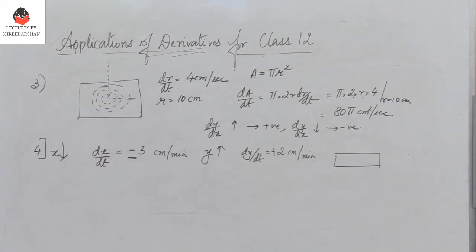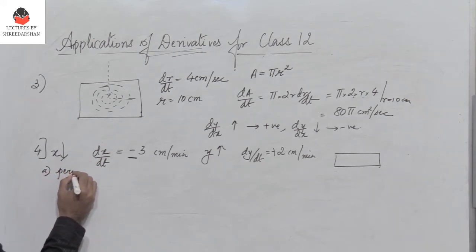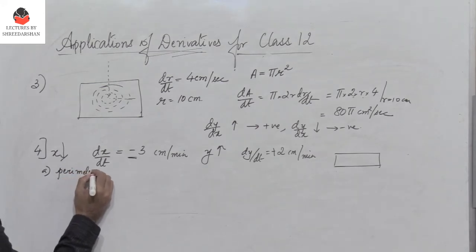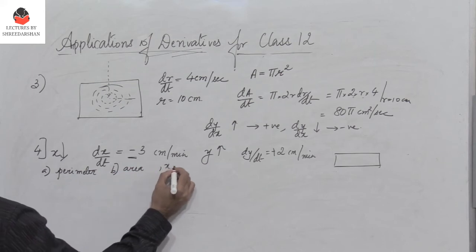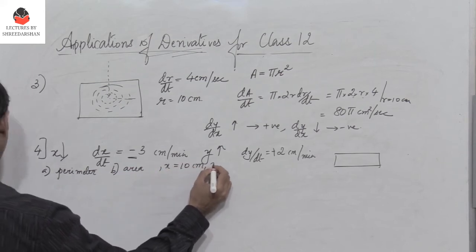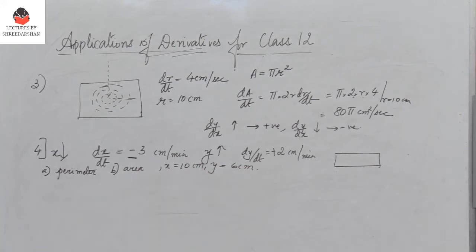So next, what has been given? Find the rate of change of perimeter, and we also need to find the area of the rectangle when x is 10 centimeters and y is 6 centimeters. Okay, so now how do I find the perimeter?